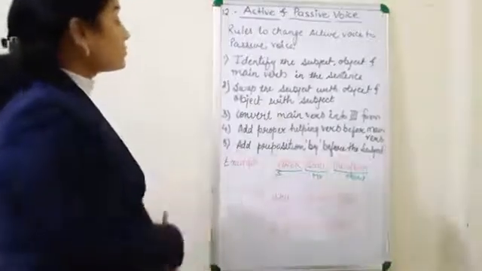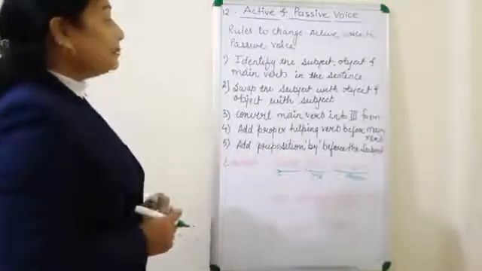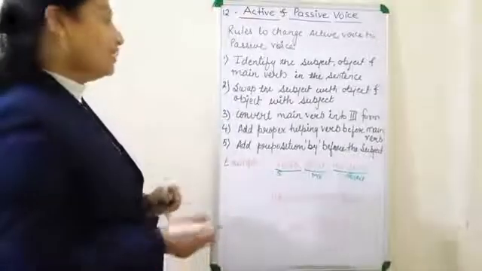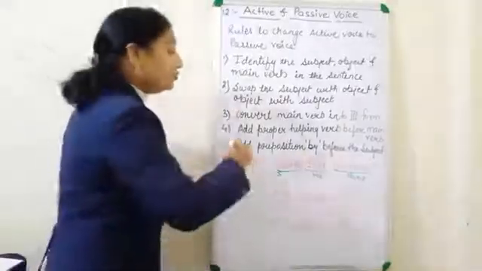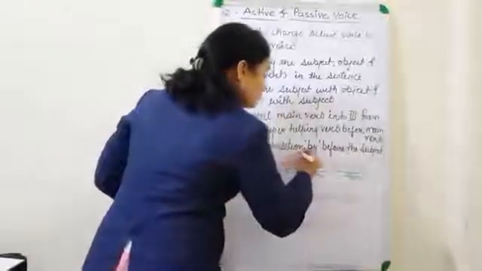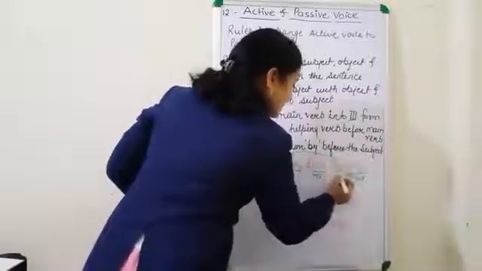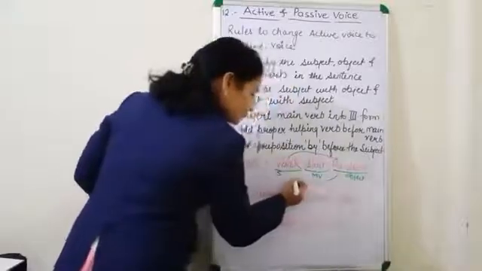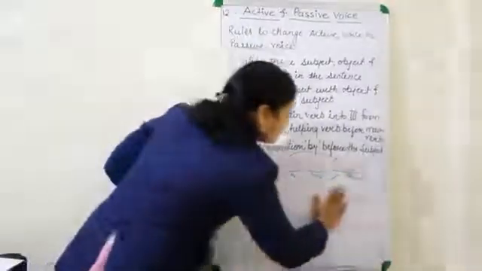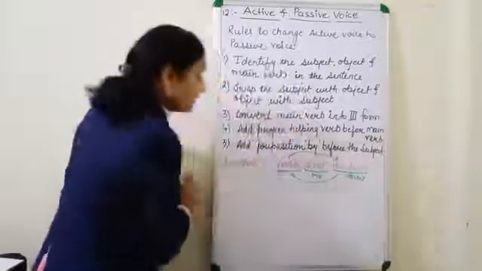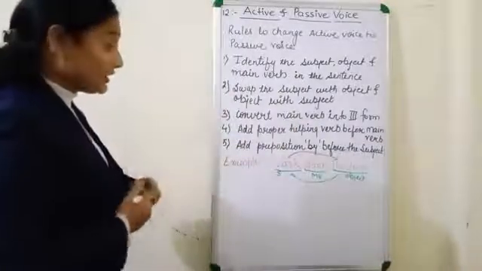See the second rule. Swap the subject with object and object with subject. So simple, we have to reverse. This will go to this place and this will come to this place. Okay, we'll do the second example afterwards. Now, what can we write here?